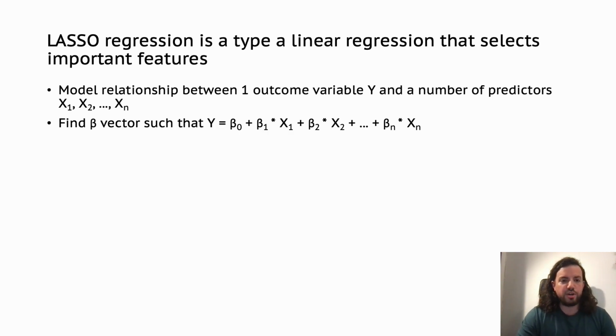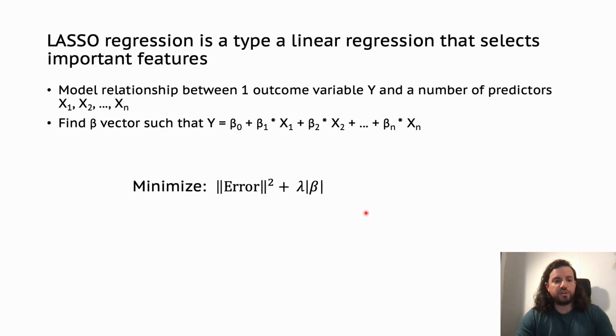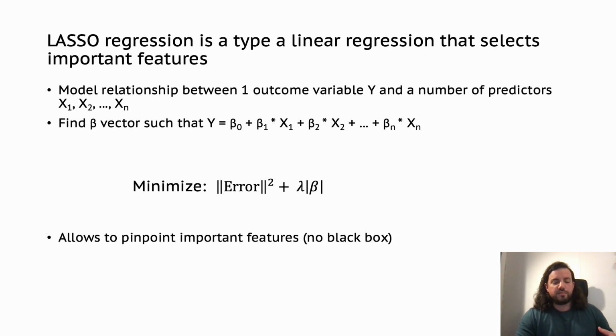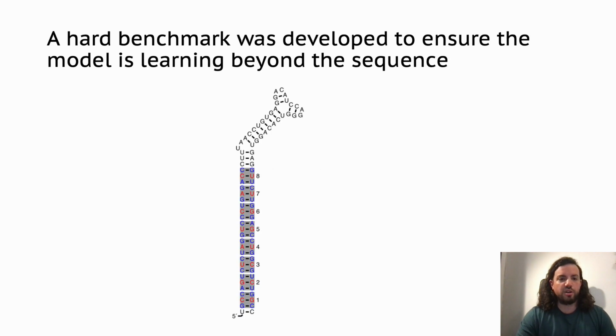And the machine learning model we're using today is a lasso regression. So it's just simple linear regression that also selects important features, because instead of just minimizing the squared error, we also minimize the sum of the coefficients with this lambda parameter, which is the regularization strength. The advantage of this is that we can then pinpoint important features back to the structure.